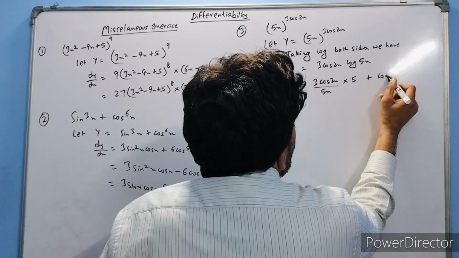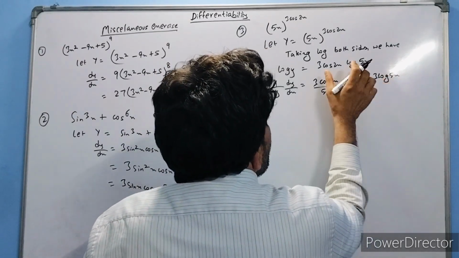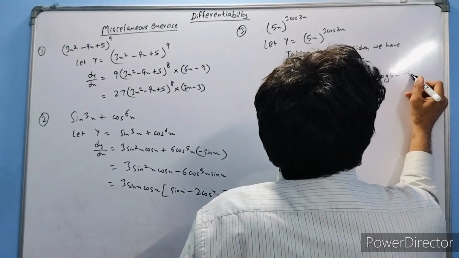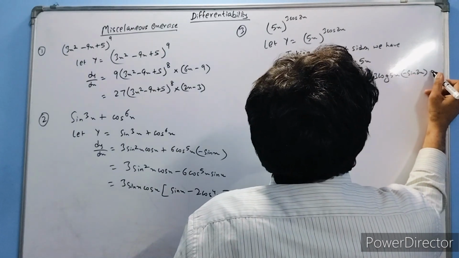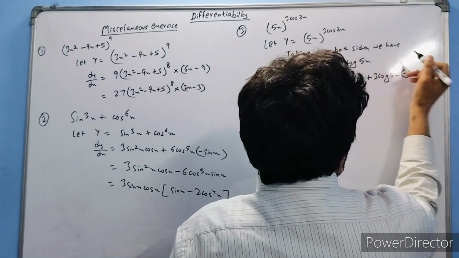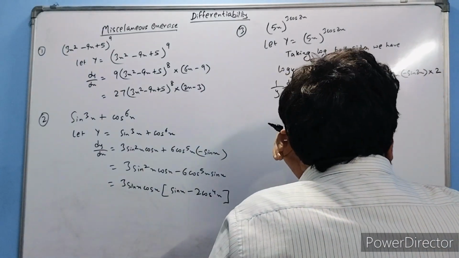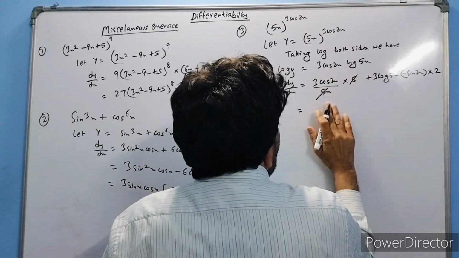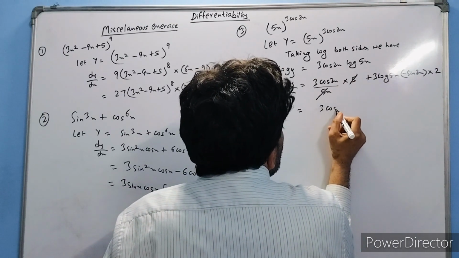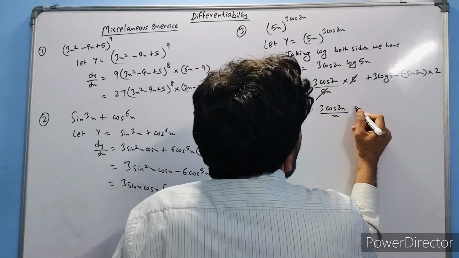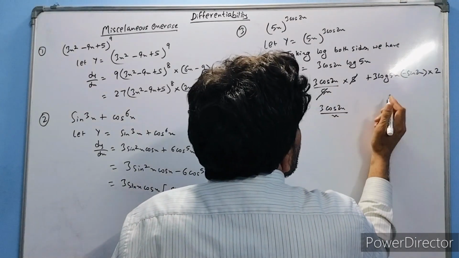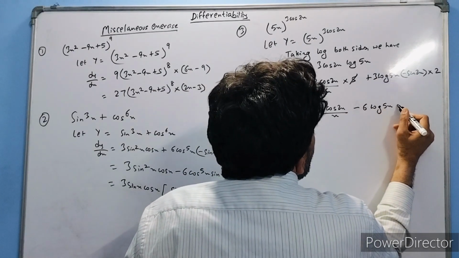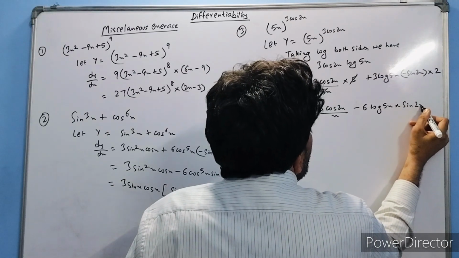Plus we have, now leave log 5x and 3 outside, the differentiation of cos 2x will be minus sine 2x into the differentiation of 2x, which will be 2. So we have here 3 cos 2x upon x, minus 6 log 5x into sine 2x.